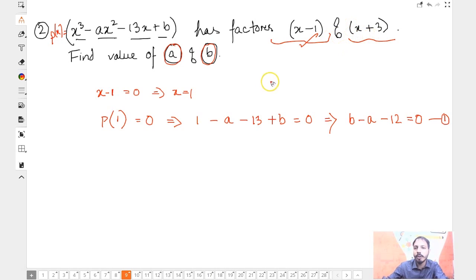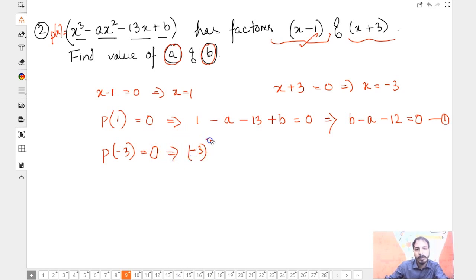Similarly, they also told that x plus 3 is a factor. So if x plus 3 is a factor, what did we learn? If I equate to 0, then x is equal to minus 3 is a zero of this. That means if I put x as minus 3, I should get the value as 0. So let me put minus 3 here.